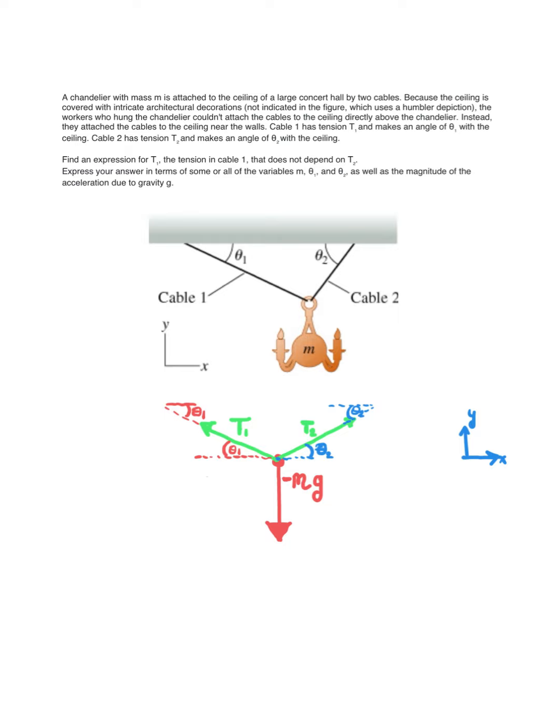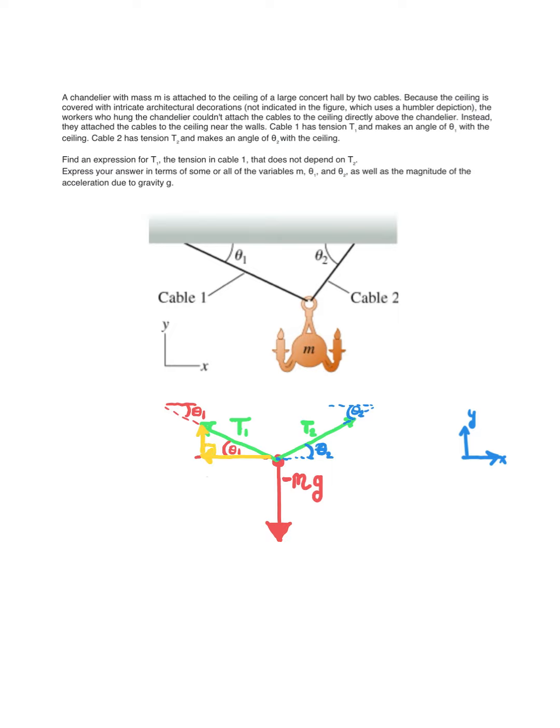Now, when you break a vector up into components, remember that the vector itself will always be the hypotenuse of the right triangle that you draw, and that the other two sides will be perpendicular to each other. So that's my x component, because that component's parallel to the x-axis, and this one's my y component, because that component's parallel to the y-axis. And this angle here is 90 degrees.